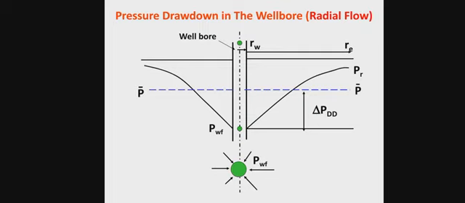Okay, there is a pressure drop, and this is our driving force in a naturally flowing well. So this green spot that you are seeing here represents the pressure at the well bore.